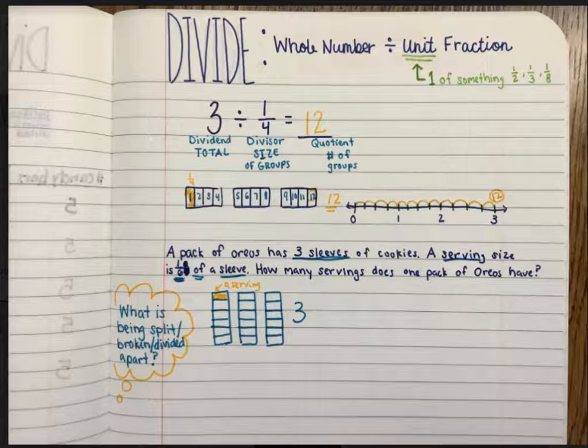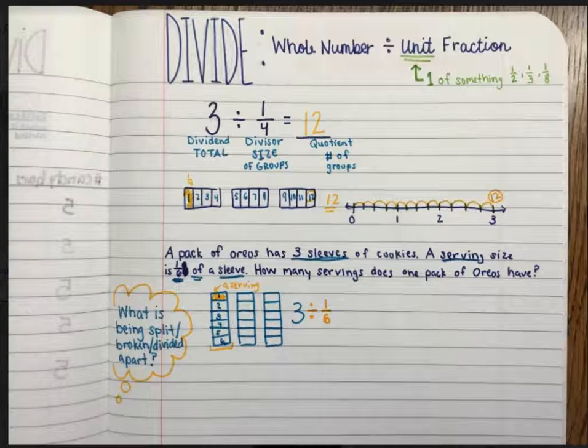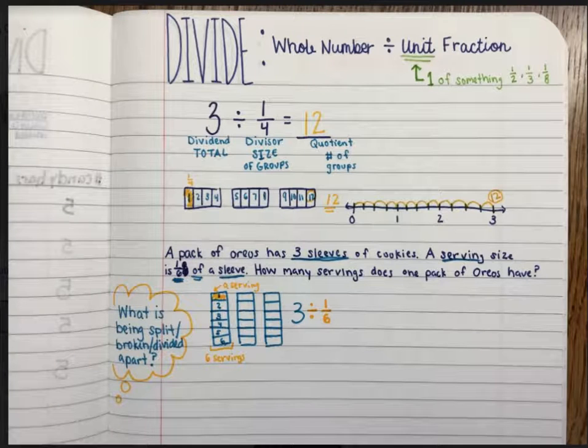So if I'm looking to see how many of those 1/6 I can make, I am dividing 3 divided by 1/6. So in that first sleeve, I have 6 of that size, right? So I have 6 servings in one sleeve, but I don't just have one sleeve, I have 3 sleeves.